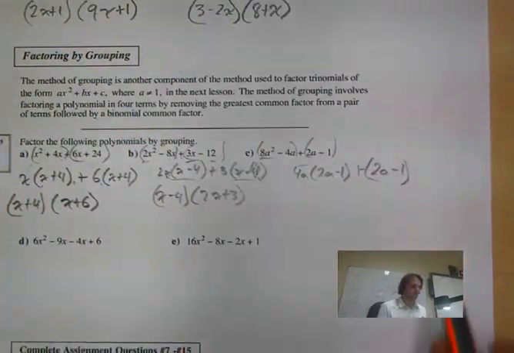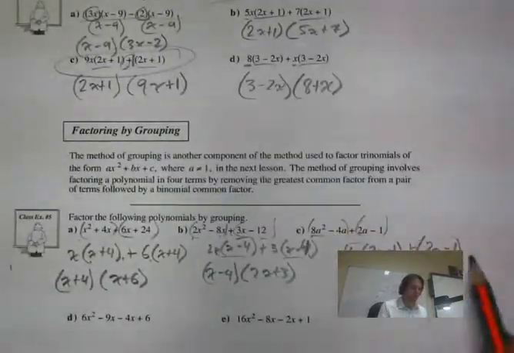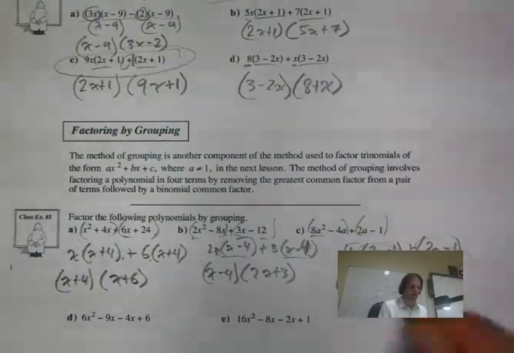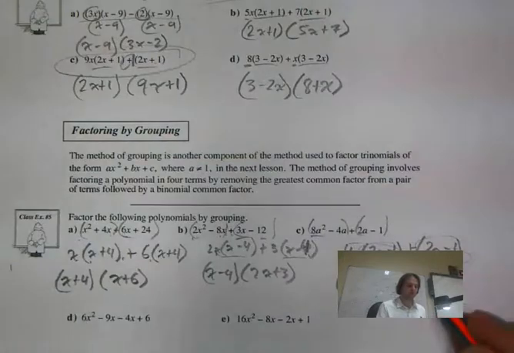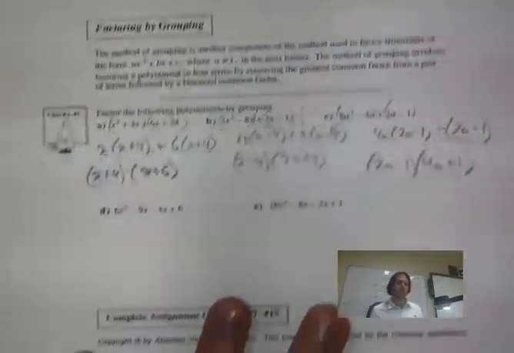Now I look at that, that's kind of similar to this question here. I have 2a minus 1, 2a minus 1. I could divide both of those by 2a minus 1, and I'm left with 4a. That all has to be multiplied with 4a. And also, if I divide by 2a minus 1, there's also a plus 1 there. So that's it.